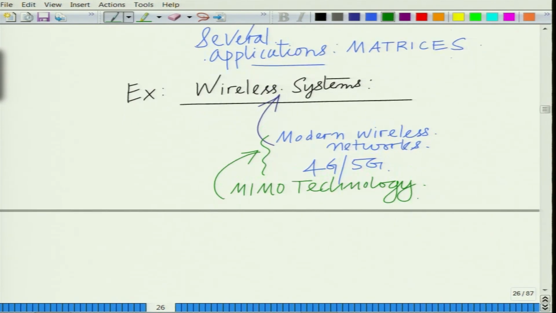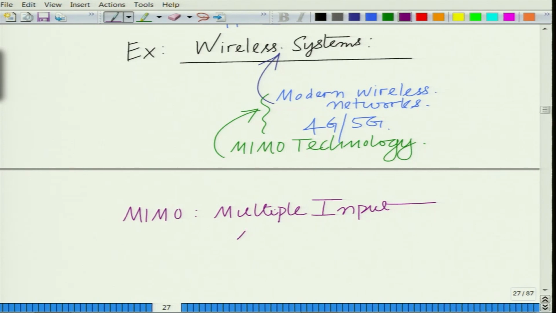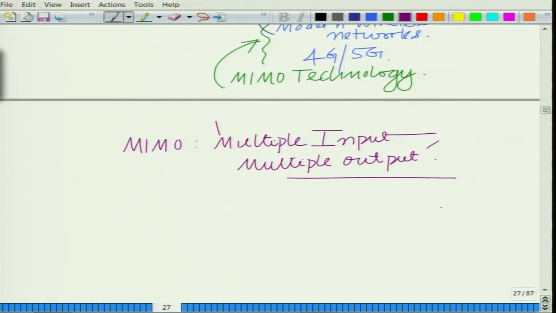Now, what is MIMO? MIMO stands for multiple input, multiple output. And what does this mean? This is a very interesting technology, multiple input, multiple output. What it means is, in a typical wireless system, you have the transmitter, right.